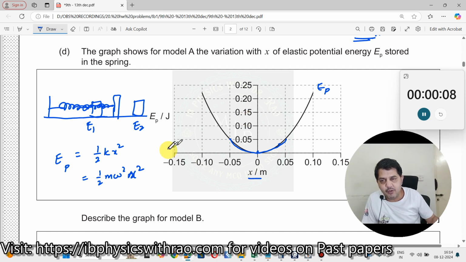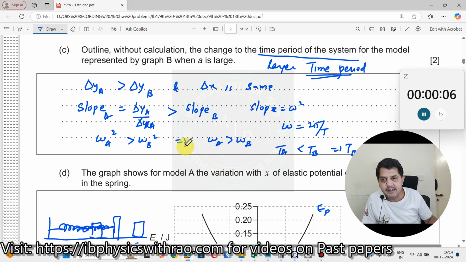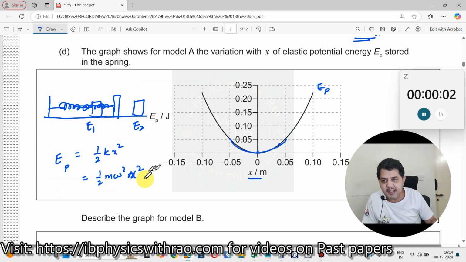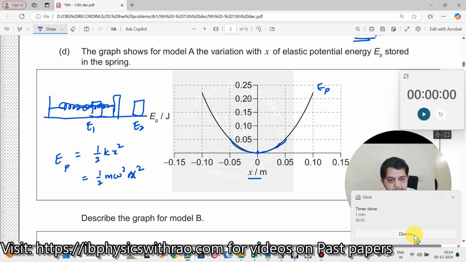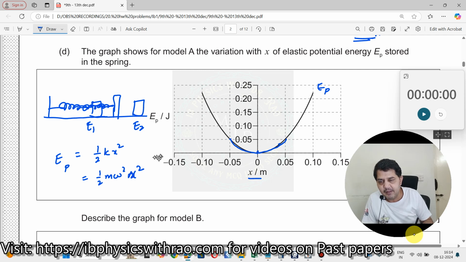Now what happens to omega? Omega A is greater than omega B. That means for graph B, omega B is lesser, and as a result the final potential energy will definitely reduce, which means it will not go until here, but it will go until here maybe.